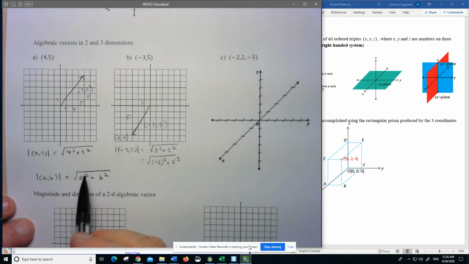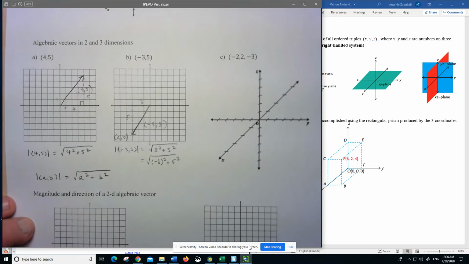And it makes no difference whether the a and or b values are negative, because you're squaring them. Okay? So in fact, we've already answered part of the question that's coming up next.